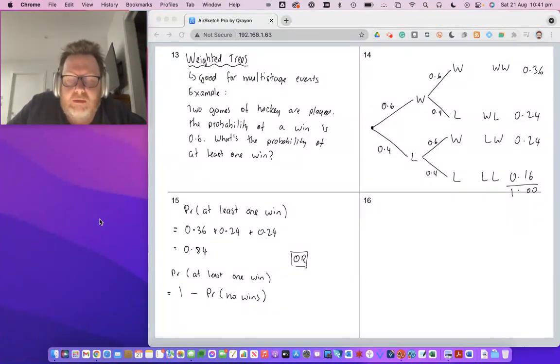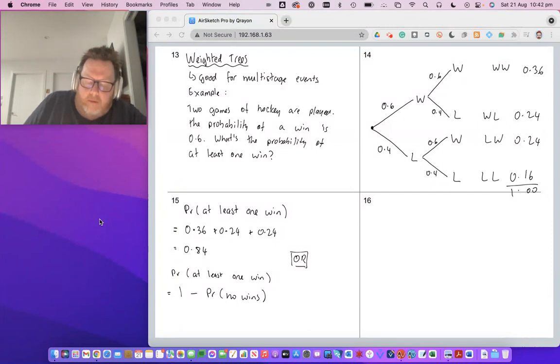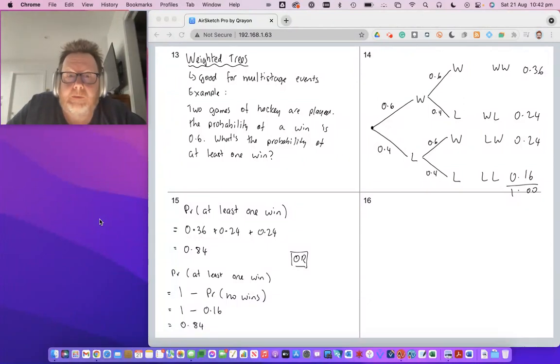It quite often is. In this instance, it's a bit of a line ball decision. But as you can see here, in this instance, I know what no wins looks like. It's a loss and a loss, and that's 0.16. So that's 1 minus 0.16, and that gives me 0.84, just like the other one did, of course.